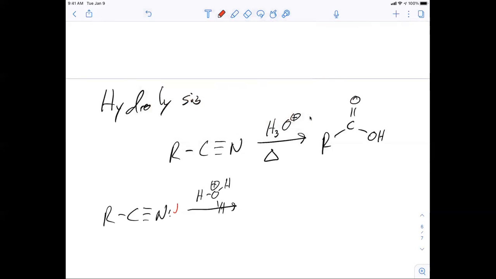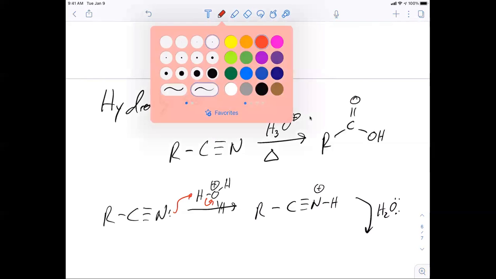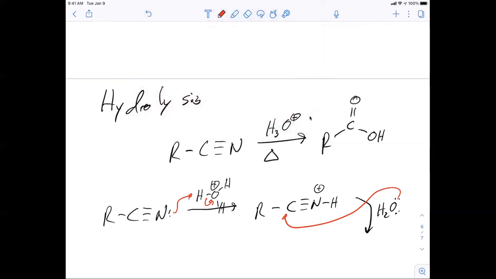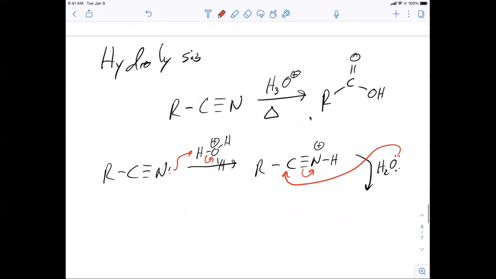Okay, the lone pair in the nitrile is going to be protonated. That's going to activate the nitrile to attack by a nucleophile. So water is going to come in and attack there.